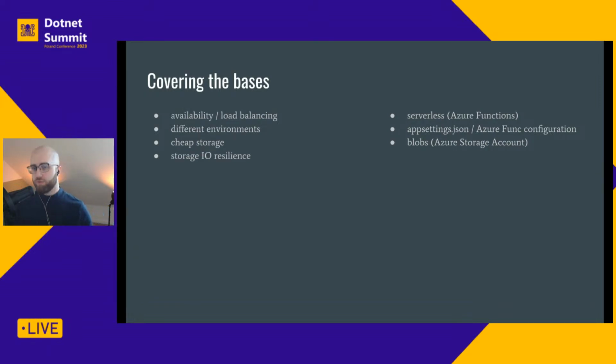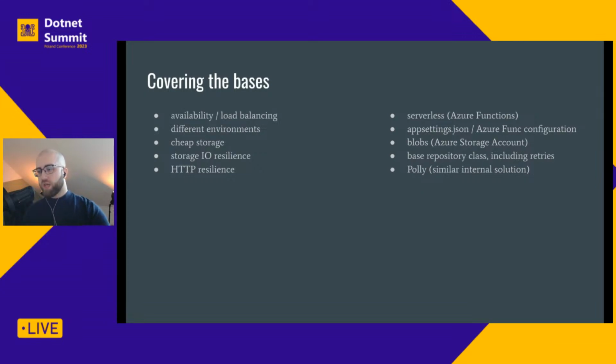Then, since we're using storage, since we're using files, we need some input and output resilience, and that can be done once again really simply with a base repository class. That includes retries and retry policies and so on, right? The same thing with HTTP resilience. You've got Polly, which is absolutely perfect.